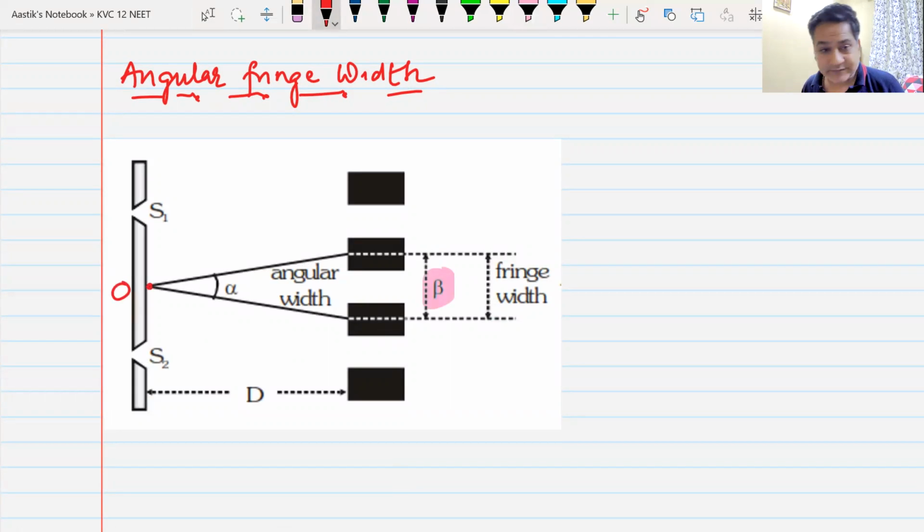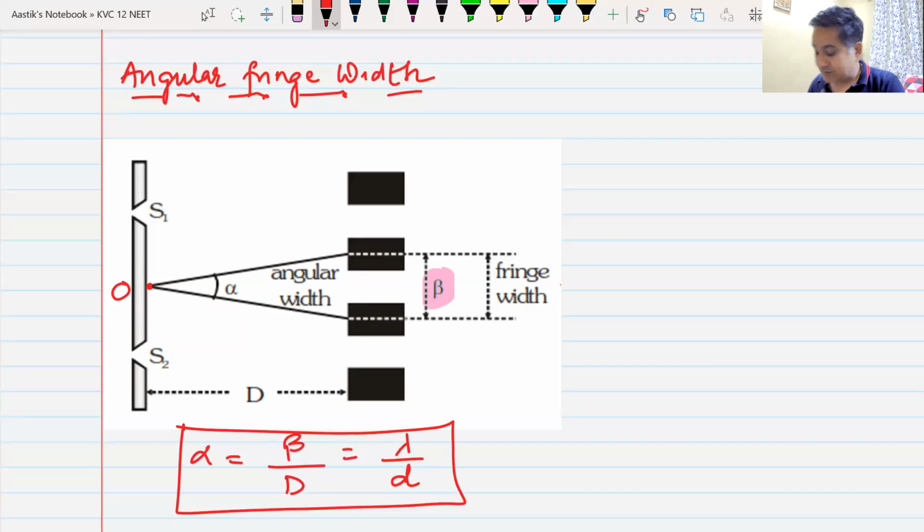This angle alpha can be written as this width beta divided by D, or you can write it as lambda divided by small d. This is known as your angular fringe width. Do we understand this? Yes, sir. Okay, so just note it down.